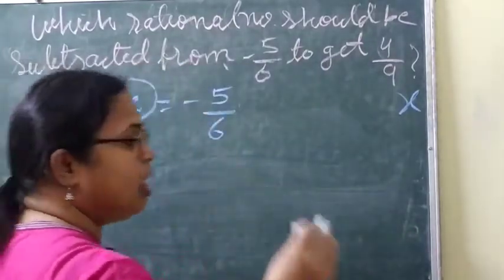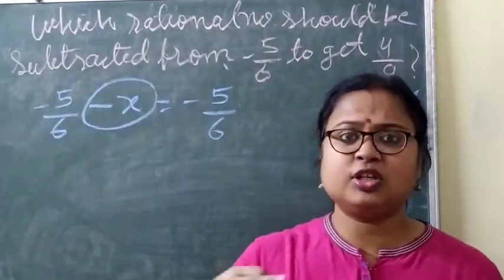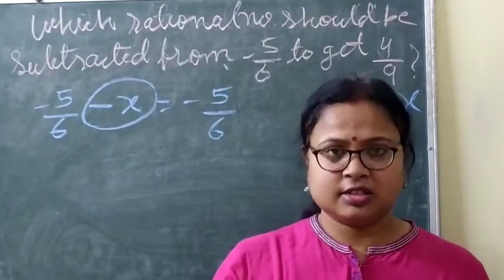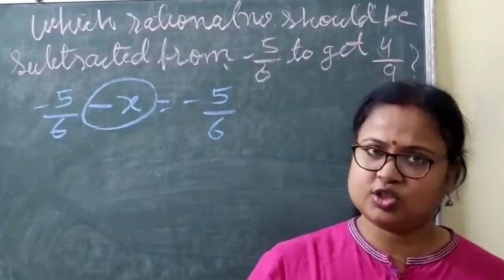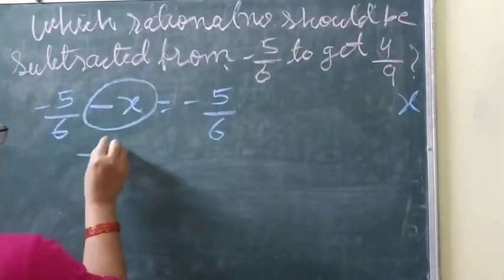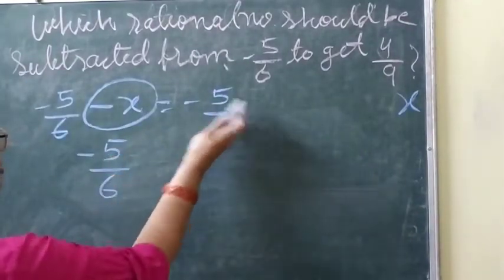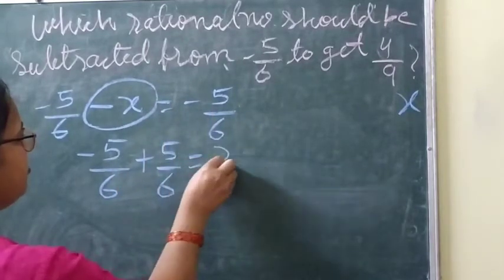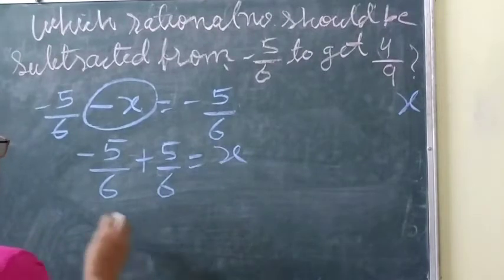So how you can write this in positive form? Change the sign. I have discussed earlier also. Side change, sign change. So we can write minus 5 by 6. This will come this side, it will become plus, and this will come this side, it will become positive, plus x.